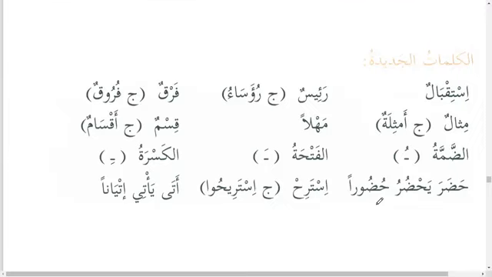Istarih is fi'l al-amr of istiraha, to relax, from the weak letters of the 10th form of the verb. Istarih, you relax, and istarihu, you all relax. Ata yati ityanan, to come, is also a very important verb, most commonly used in the Quran. So inshallah, we will learn all these forms.